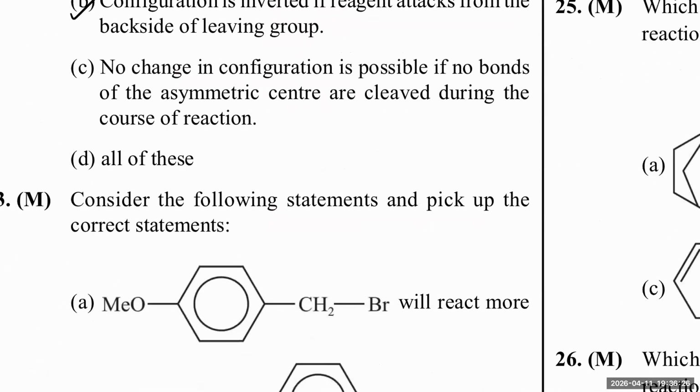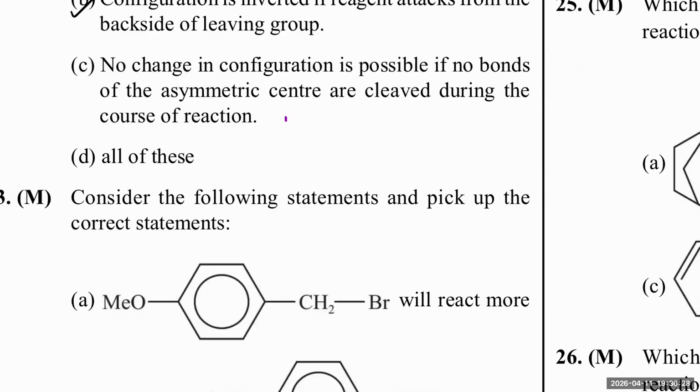Now listen, try to understand what that C point is. For example, I have a methyl here, deuterium here, hydrogen here, and then there is a chlorine here. And then let's say there is an SN2 mechanism using OH minus, and I got a product like this: OH here, deuterium here, methyl here, and H here.